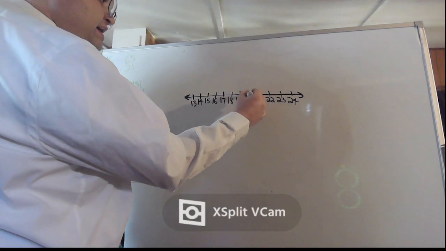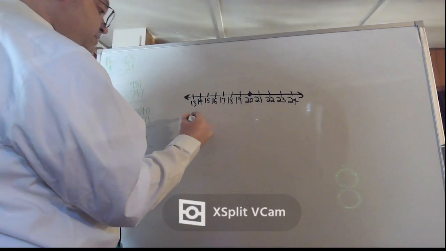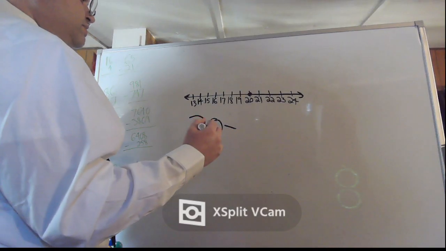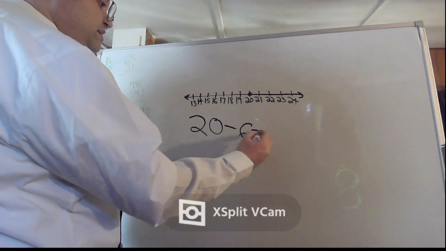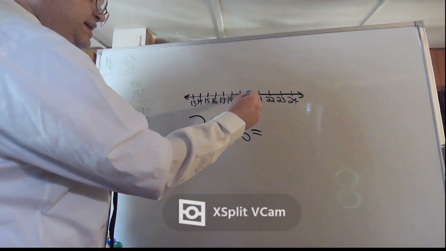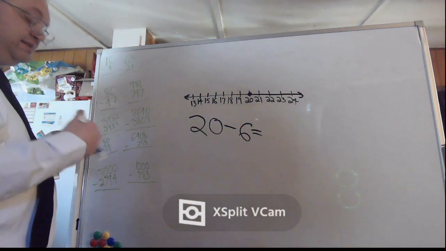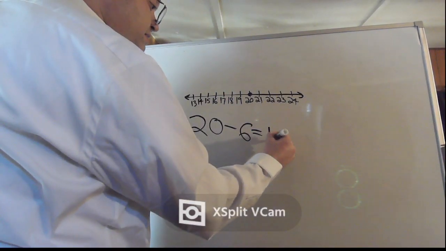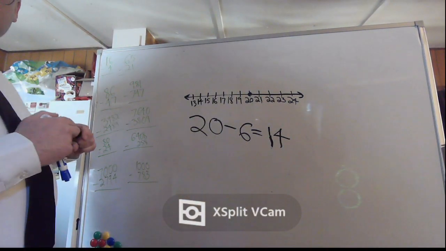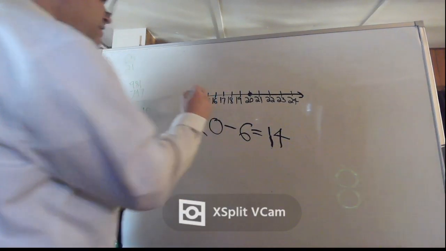How about that? I'll start at 20. That'll be my starting number. So, I was given 20 to start with, and I want to go backwards 6 places. Well, what I need to do is go ahead and count them. So I started at 20. I got 1, 2, 3, 4, 5, 6. Well, if I go backwards 6 spaces, I ended up with 14. 20 minus 6 is in fact 14. And I'll go ahead and put my dot there to signify that.